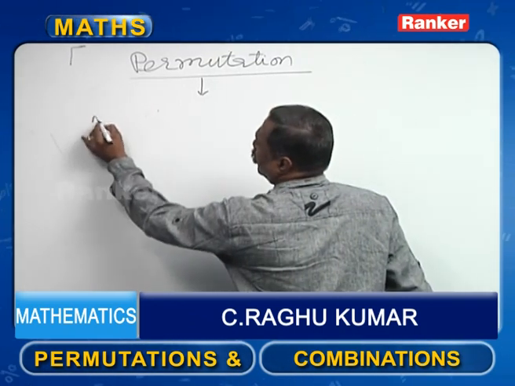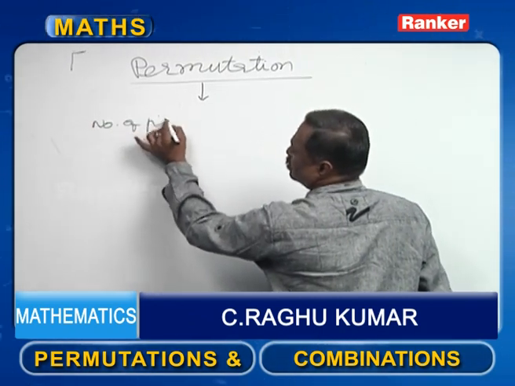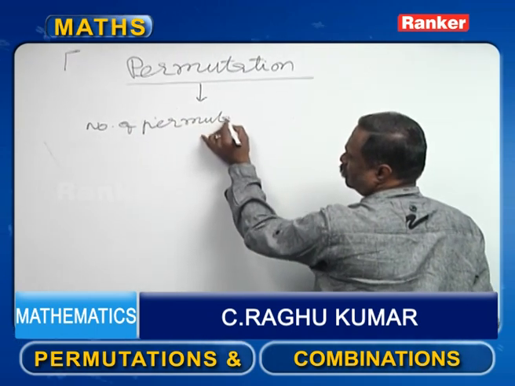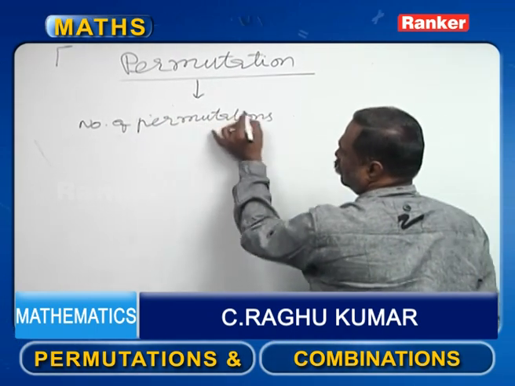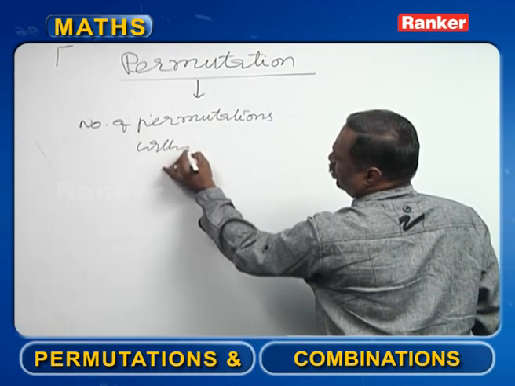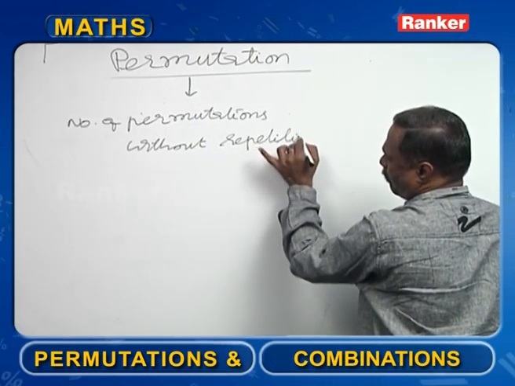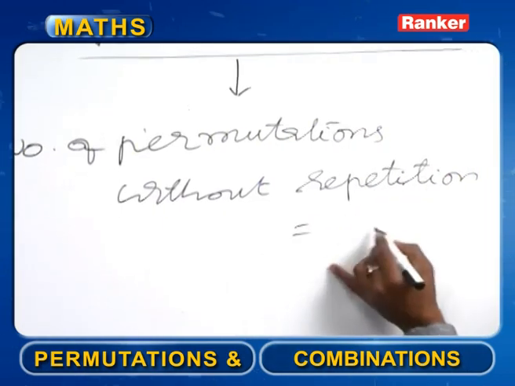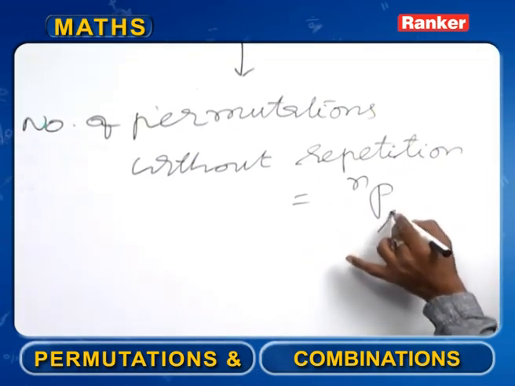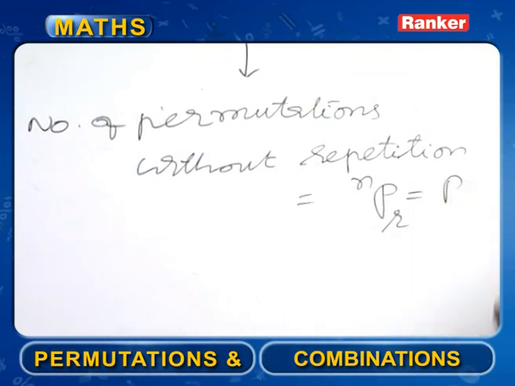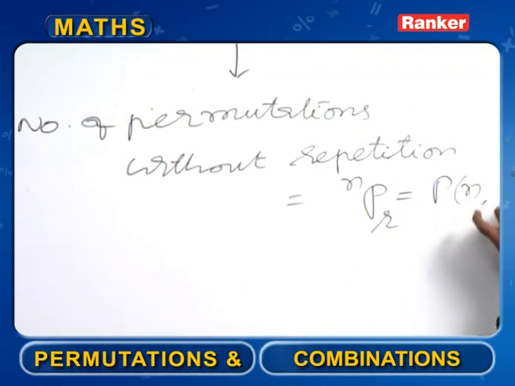Number of permutations without repetition is nothing but nPr. It is also denoted as P of n comma r.